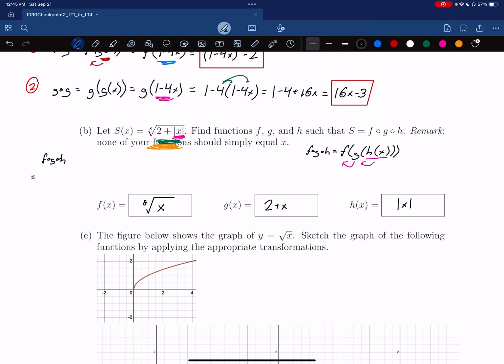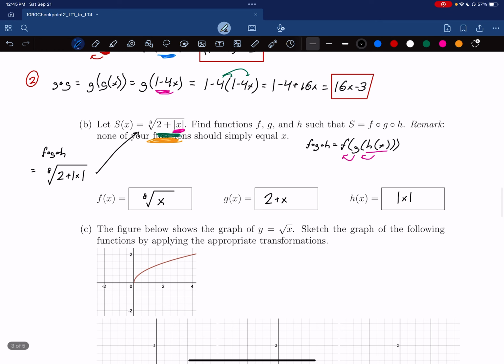So starting with the outside, we have the eighth root. Then inside of that is g, which is 2 plus the absolute value of x, and that matches. Sorry, I said square root, I mean absolute value of x. That is equal to our s function, the eighth root of 2 plus the absolute value of x.